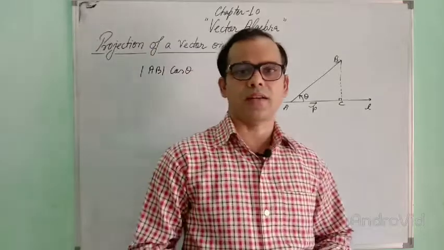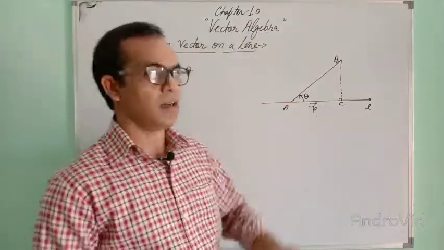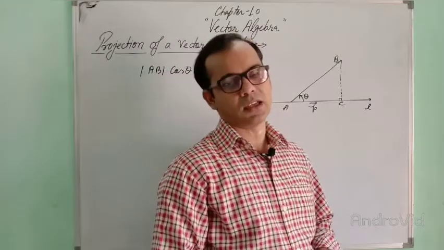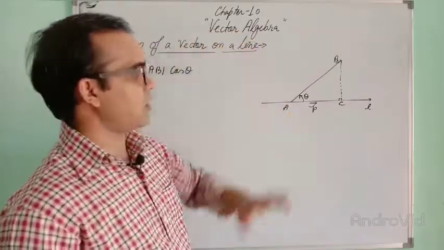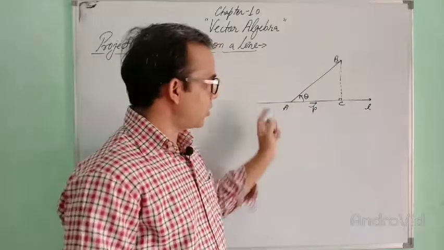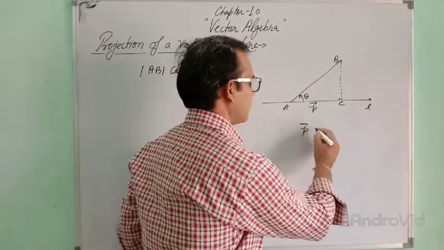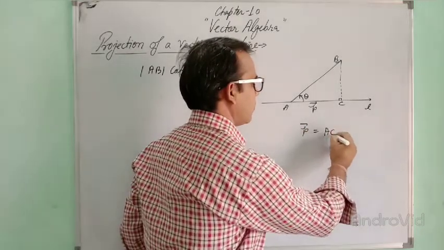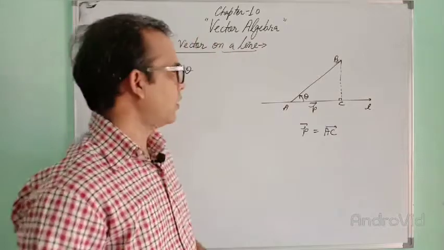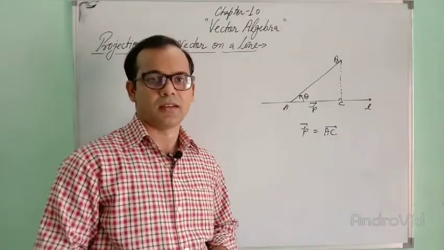Means AB vector is a vector that makes an angle theta with the line L in the anti-clockwise direction. Then the projection of this AB vector on this line L is AC vector, that is taken here as P vector. So P vector will be called the projection vector.